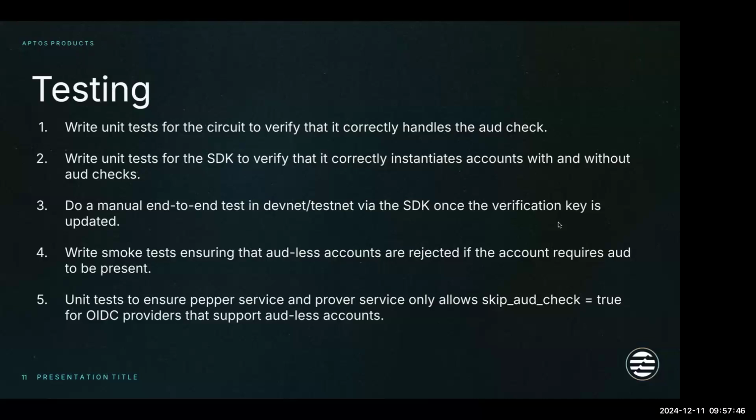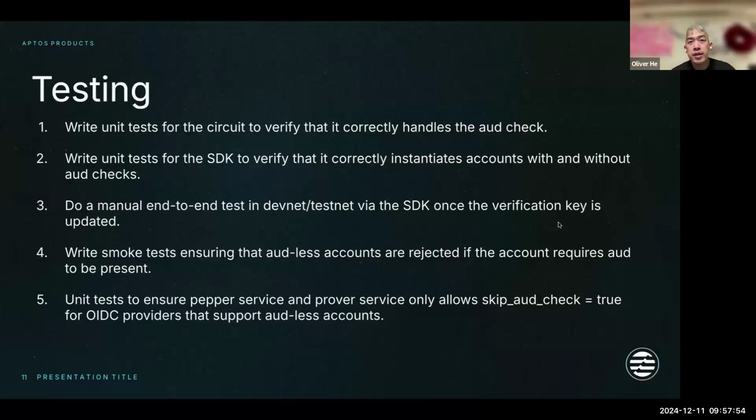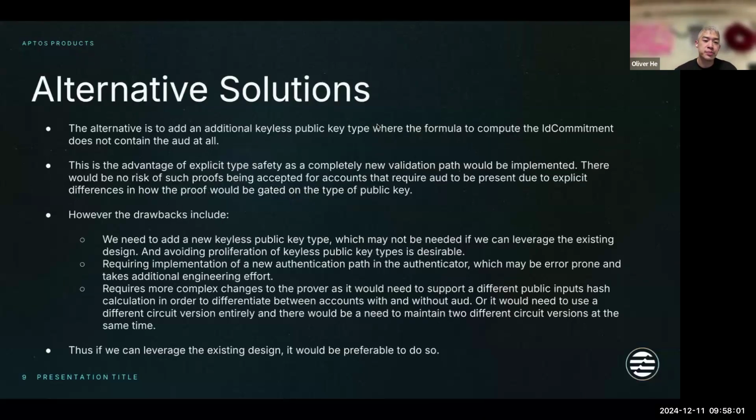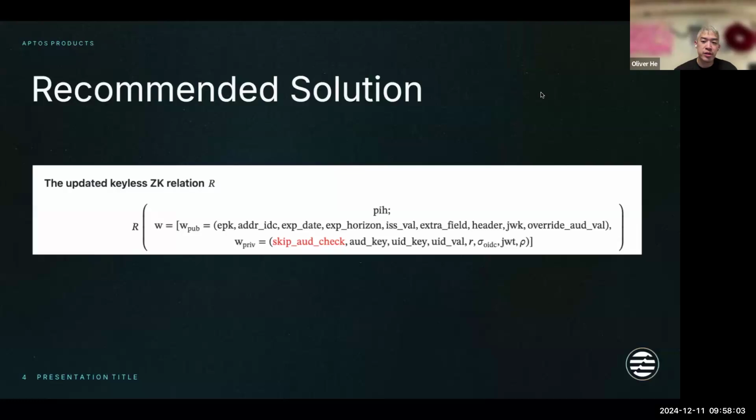Okay, thank you. One question, who sets the skip AUD check? Is it a private input in the ZK circuit? Yeah, it's a private input, but it's not a true private input in the ZK relations like some of the other inputs here, for example the UID val and the UID key, which in theory are sensitive information like the email and such.